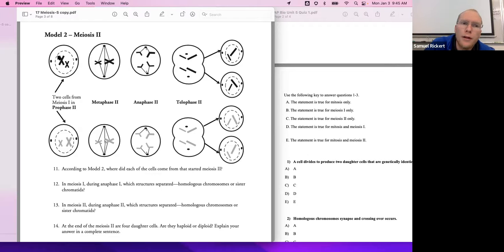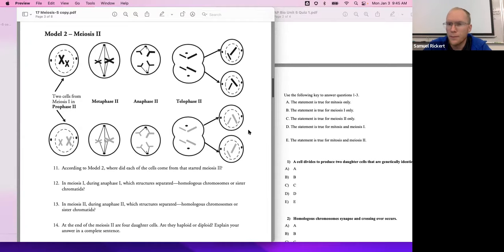But rather, we're going to get a random number of lefts and rights. And when we have so many combinations possible, which would be 2 to the 23 possible combinations, we're going to get a great amount of diversity. That's called independent assortment. Where each sister chromatid goes is independent of the other ones.